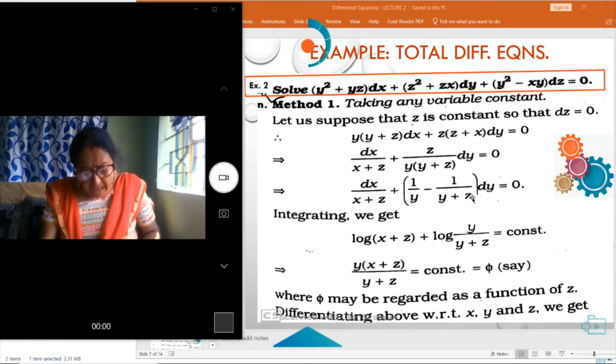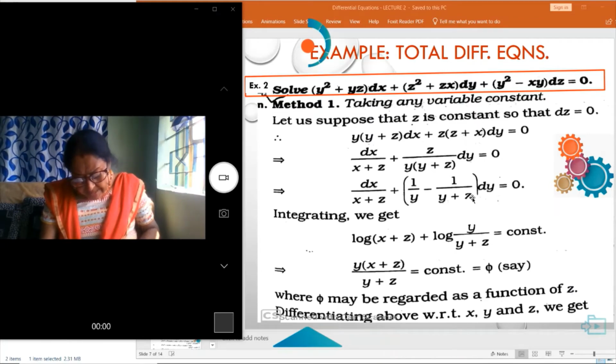So we may take any one of them as 0. Let us suppose dz is equal to 0, that is z is equal to constant.